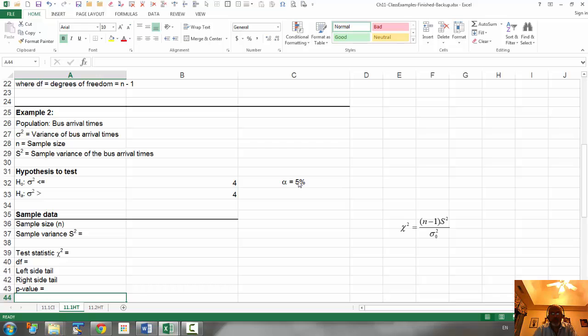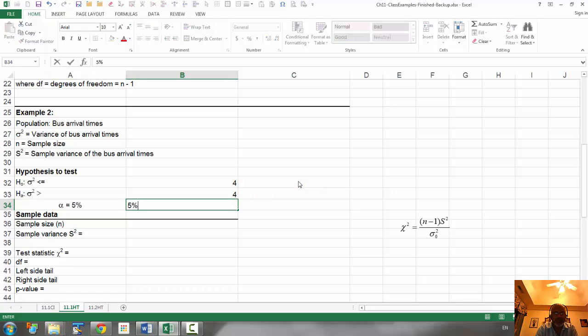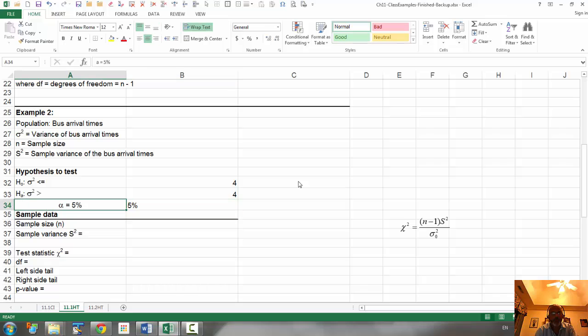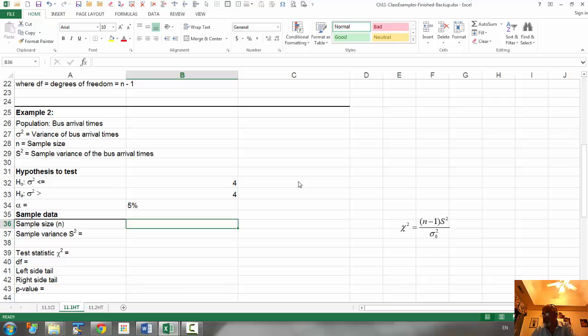So let's move the alpha value down here, so we will have the value of alpha in a single cell. Okay, now we are given that sample size is 24 and the sample variance is 4.9. So the test statistic value is given by this formula.